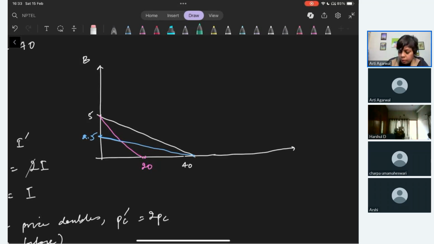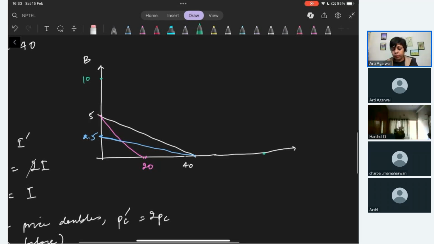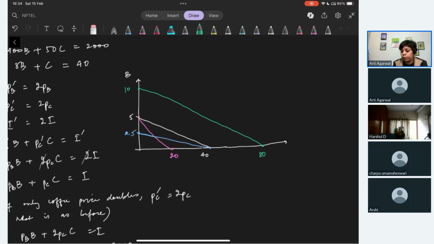This becomes, say, 10 and 80, and the line becomes something like this. Why is that? Because now you can buy twice as much of both items. You suddenly had some extra income, and you have much more money to spend on both items.